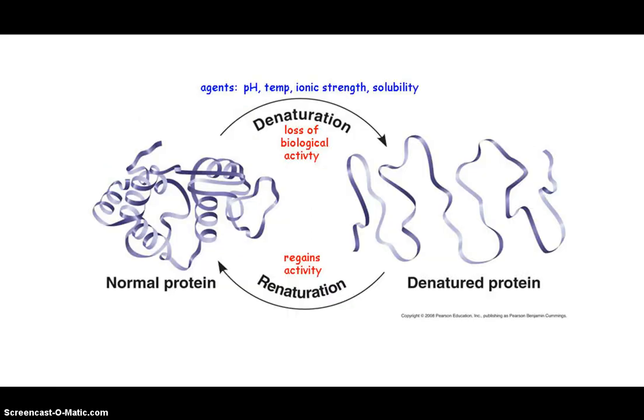This shows the same thing: if we have our normal protein that's highly folded, it's got a specific shape, and if it becomes denatured, it kind of unfolds and we get this ribbon. It doesn't work.